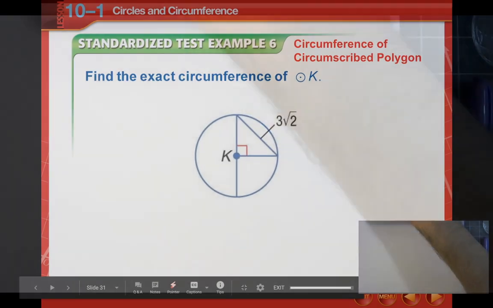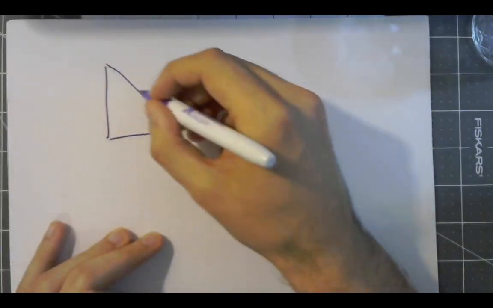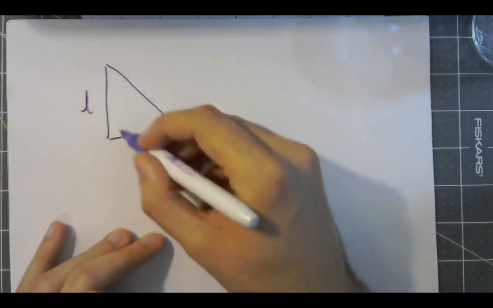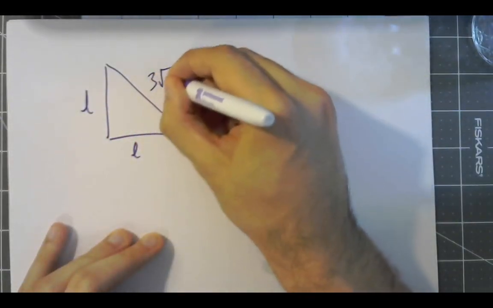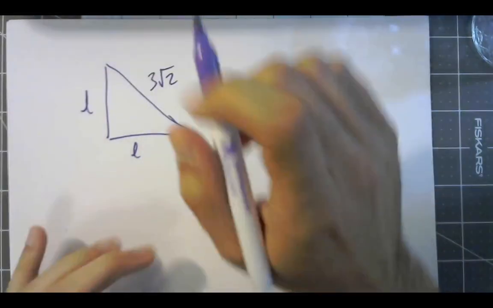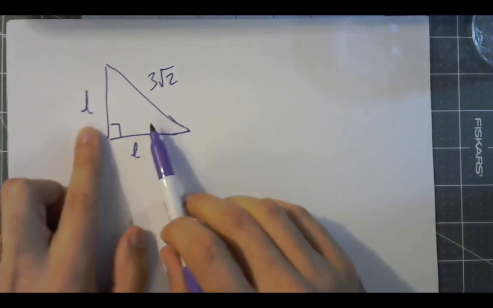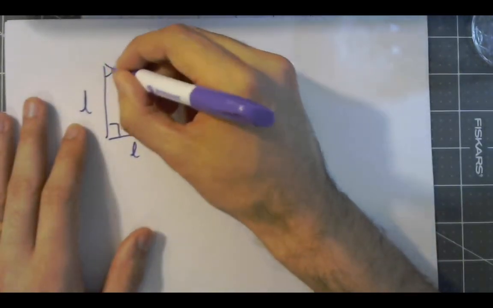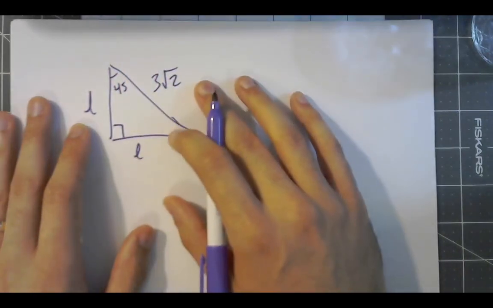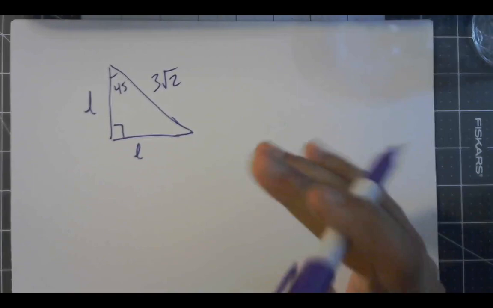So if I have two legs that are the exact same, let's call them L. And I know this is 3 root 2. Is it 3 root 2? Yeah, it's 3 root 2. If I know this, then I know this is a special right triangle. I have a couple options. I can do trigonometry with my 45 degrees, or I can go back to the chapter with our relationships.